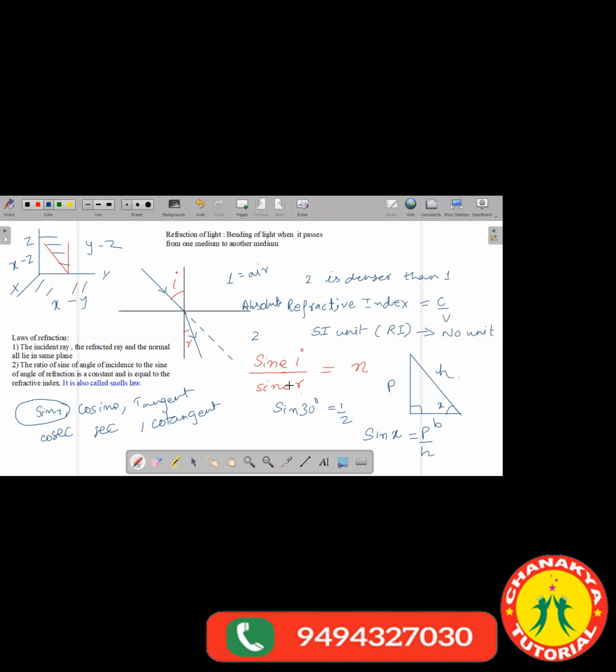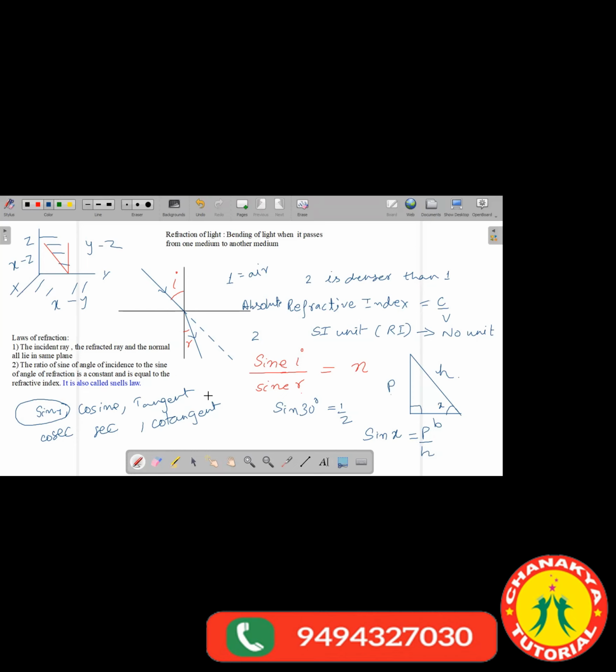The chances are very less, but you can still get some questions based on these trigonometric functions. Since they are present in your mathematics, maybe not now, but once you complete trigonometry in mathematics, you can get a question relating to this.